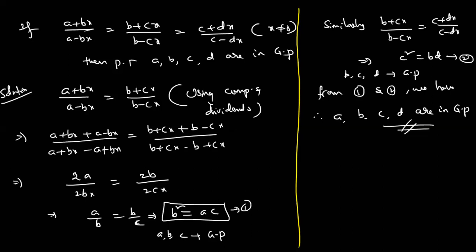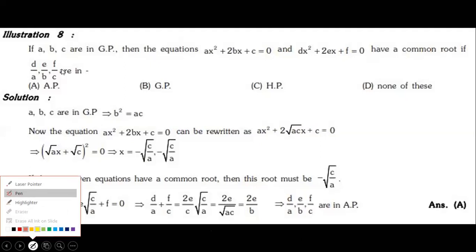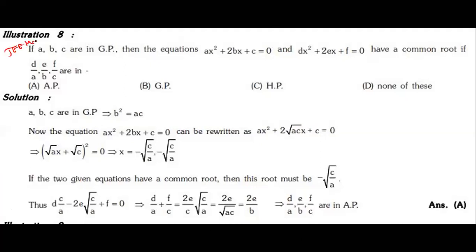Still writing? Okay. Now see, previous day JEE Mains question, advanced. They were asking two times. Previous one. What is the condition? a, b, c are in GP. Then these two equations have a common root. If so, then what you can say about d by a, e by b, f by c?